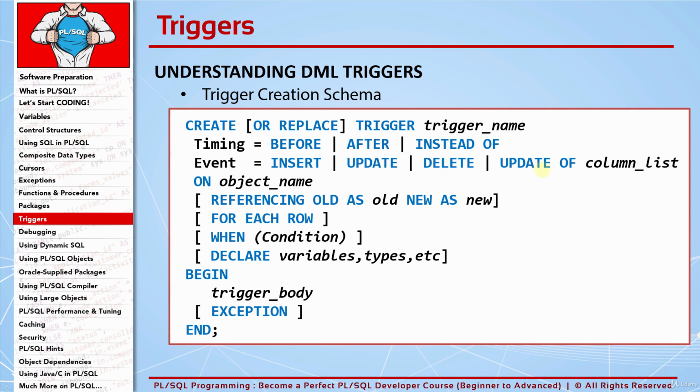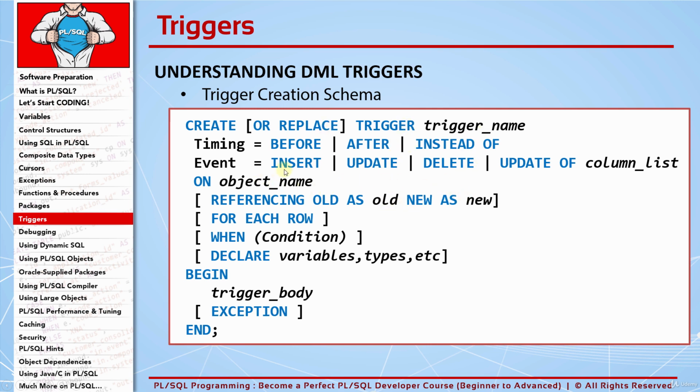Actually, you must have understood the first three. That means if you select insert, this trigger will be fired when an insert occurs on that table. So when insert is selected, but the others are not selected, that trigger will be executed only for the inserts. The updates and deletes will not make the trigger execute.